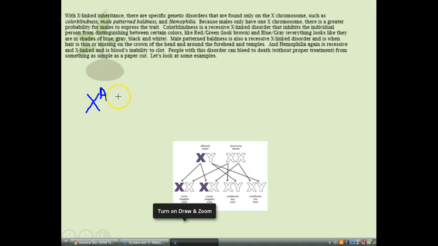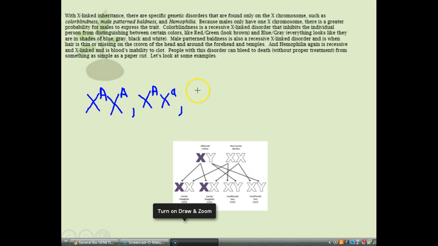So just like we did with blood typing, a female could be homozygous dominant, which is different from what we called it in blood type, for a disorder. They could be heterozygous for the disorder, meaning that they carry a dominant allele and a recessive allele.